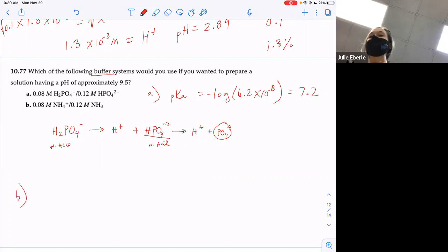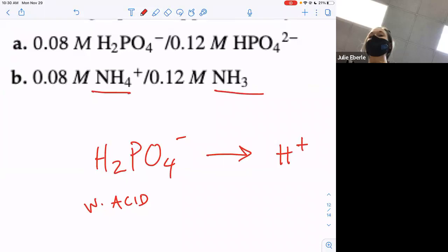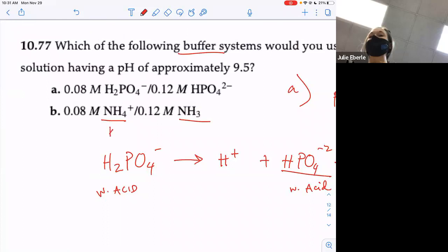So B we'll do down here. Now I want you to look at B. We've got NH4+ and NH3. Which one do you think is the weak acid and which is the conjugate base? That's right, Will. So let's go get the Ka value for NH4+. Anybody confused on how he knew NH4+ was the weak acid? The one with more hydrogens, right?